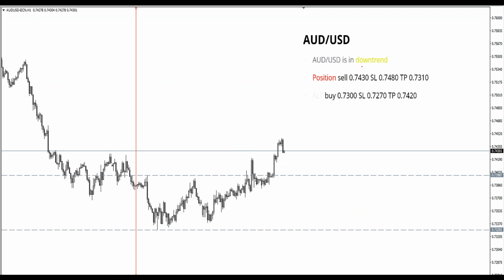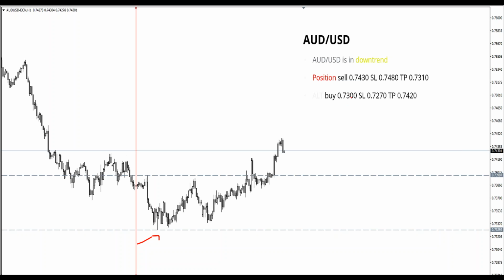Australian dollar was in downtrend. We had a possible sell position at 0.7430, but we also had an alternative buy position around 0.7300. What happened is the pair pulled back here, you see, but it didn't make it towards our POC zone.